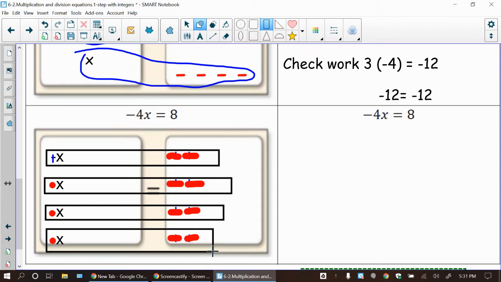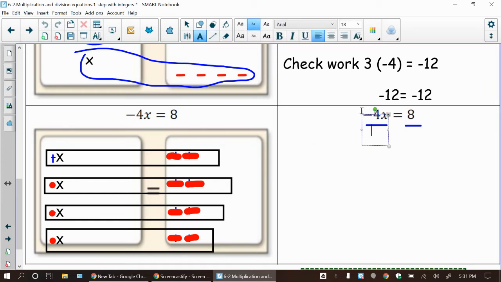So when I go to solve this over on the other side, I should get the same thing. All right, so let's see. Do I get the same thing? I need to divide both sides. So I put my division symbol. Then what is with x? What am I getting rid of to get x by itself? Well, my negative 4. I'm going to divide both sides by negative 4.